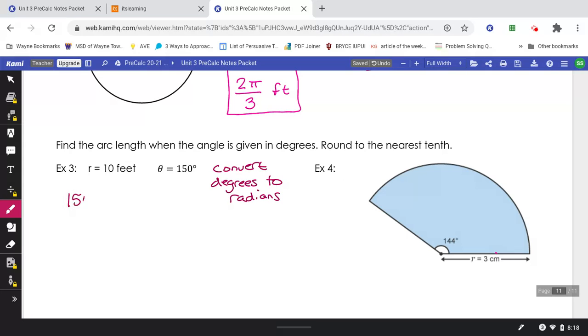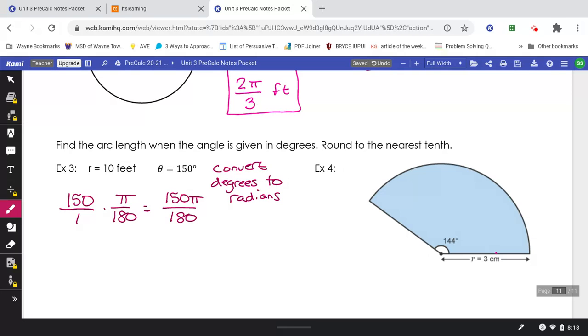To do that, we take 150 degrees, multiply it by pi over 180, which gets me 150 pi over 180. And then I just reduce that. When I reduce that, I'll need to type it into my calculator.